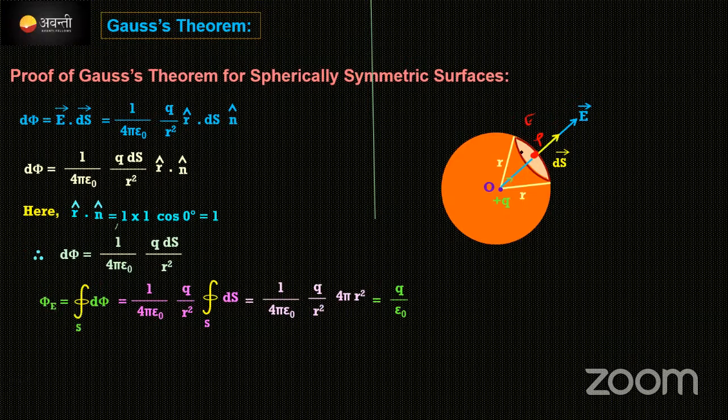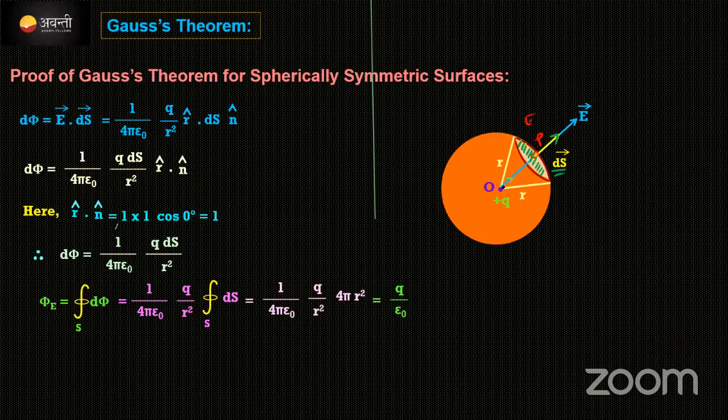For that reason, at this point P, I will consider a small area. I'm considering here one small area, that is ds. Its area vector will be in this direction, the same direction as the electric field.